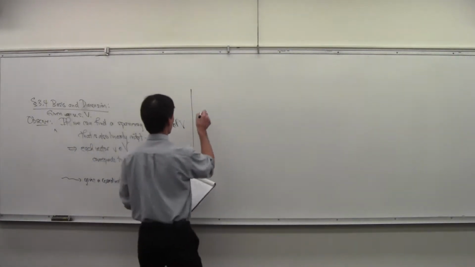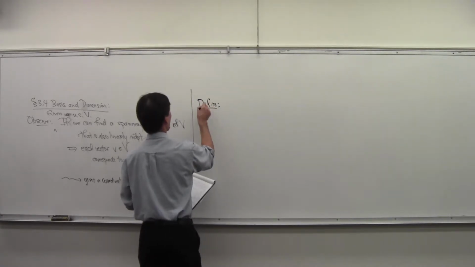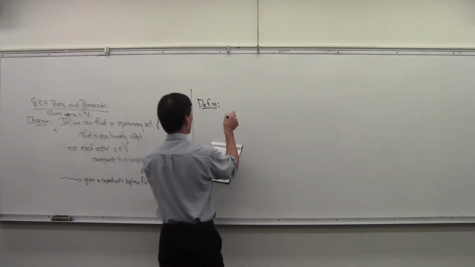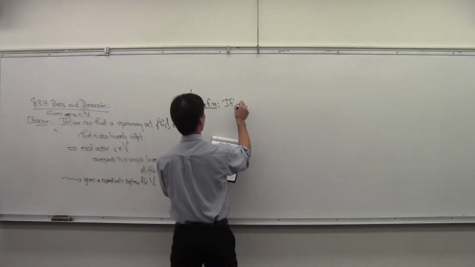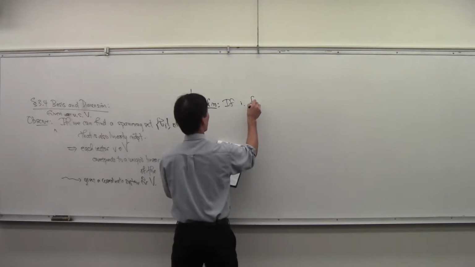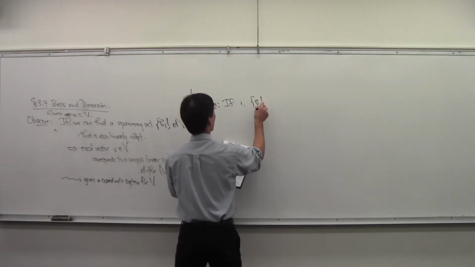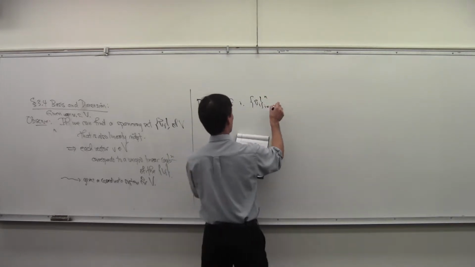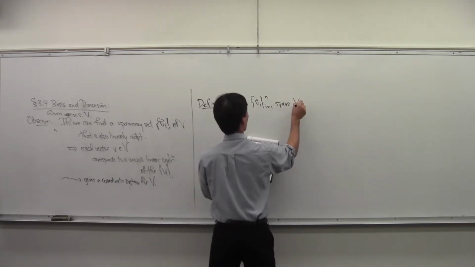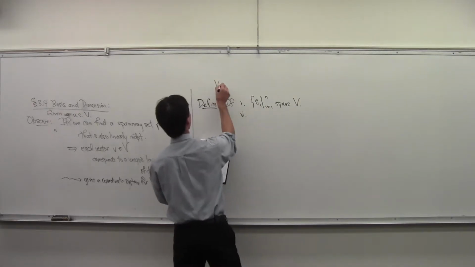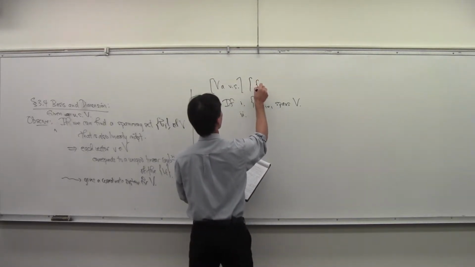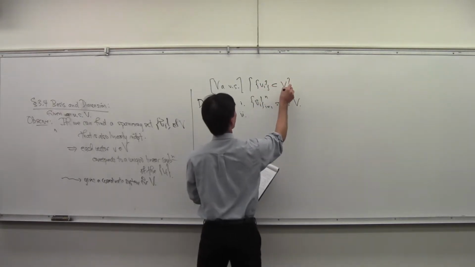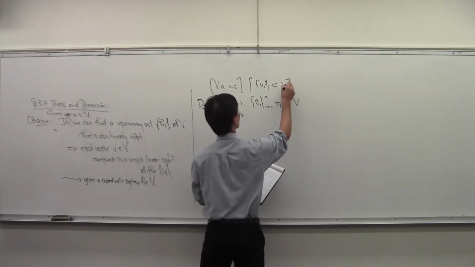Okay, so this leads us to the definition of this desirable thing, which we call a basis. So if you have a set Vi, from i equals 1 to n, that does two things: one, it spans the vector space V, and two, it's linearly independent. Again V is a vector space, and the Vi are vectors in the vector space.